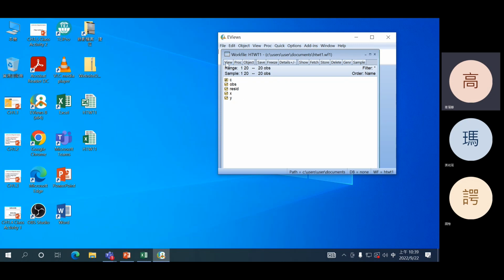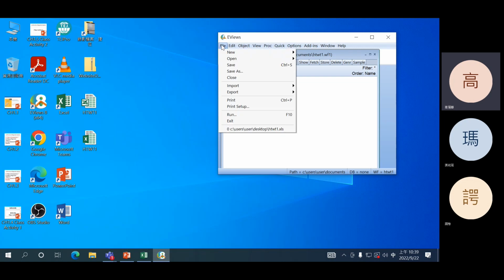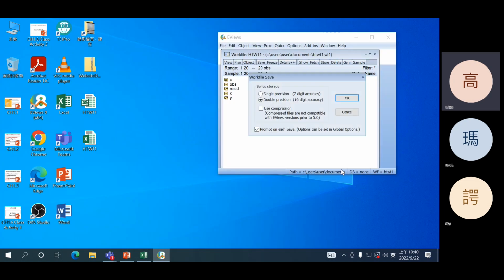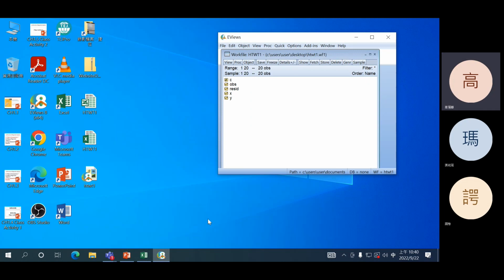And if you want to set up a file, then you can save it and use this one, and in this case, you stored it. Then you do have another eViews file with the name on it, which is the same as this one.